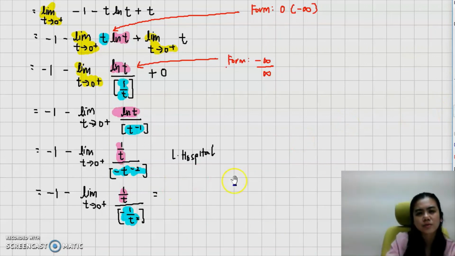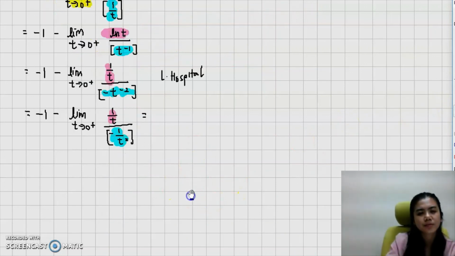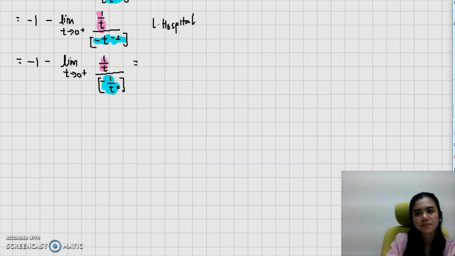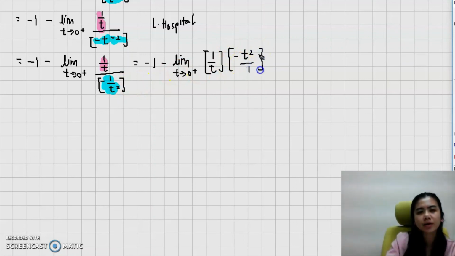So minus 1 minus the limit from the right, because this is 1 over t. This is actually minus t squared over 1. Again, simplify it before you do the substitution, before you sub t at 0 into your equation.